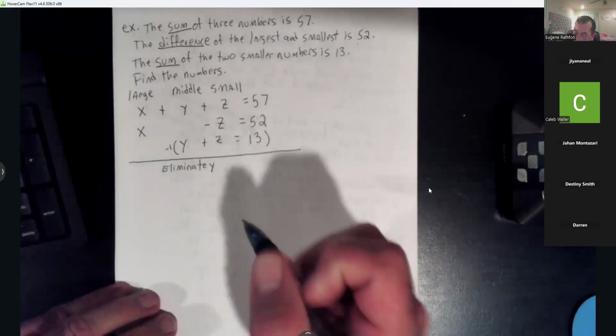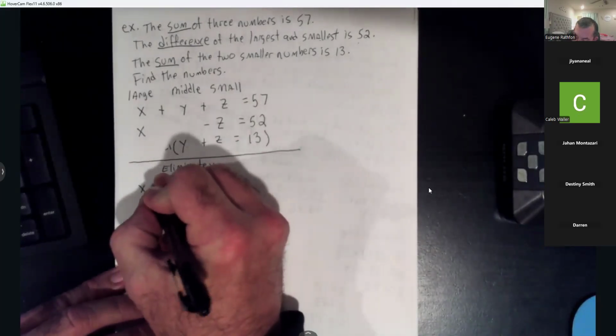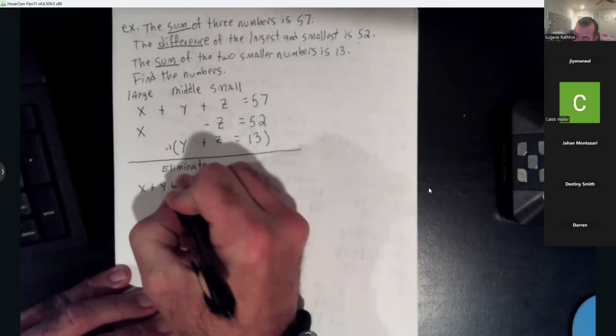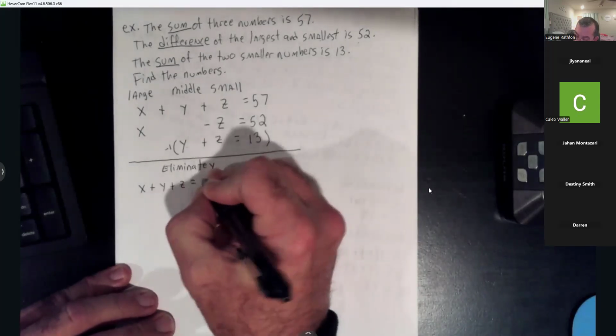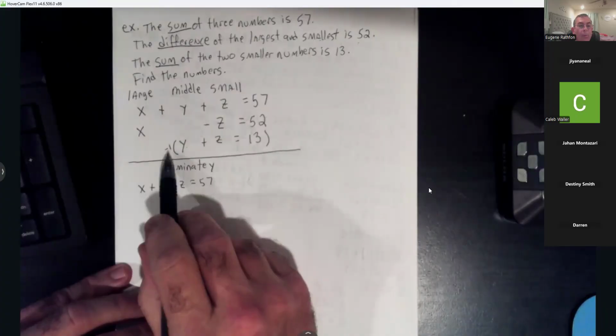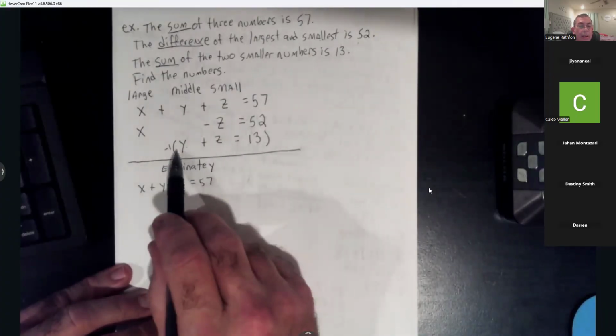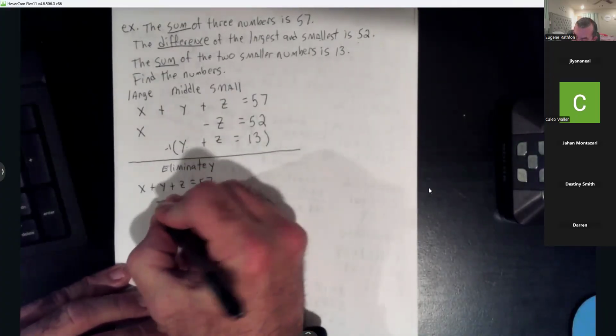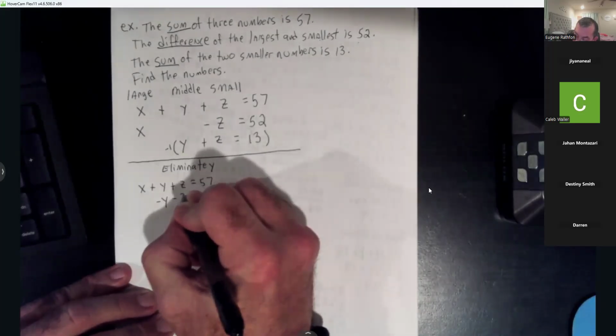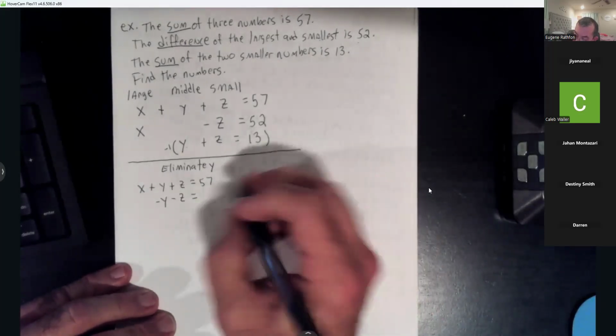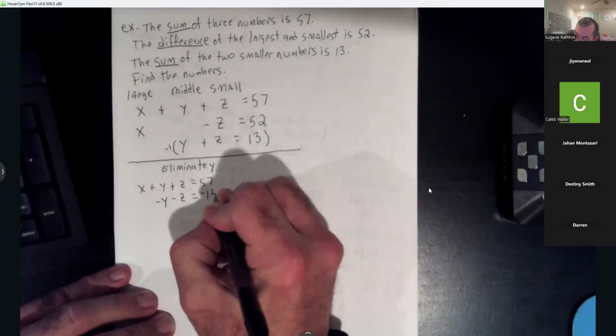So my first equation will stay the same. X plus Y plus Z equals 57. We're going to distribute a -1. I get a negative Y. I get a negative Z. And that's going to equal a -13.